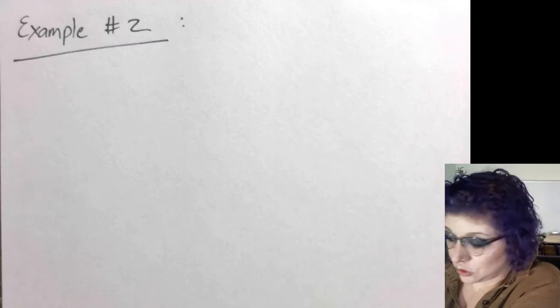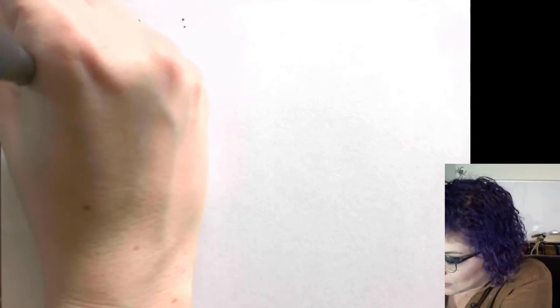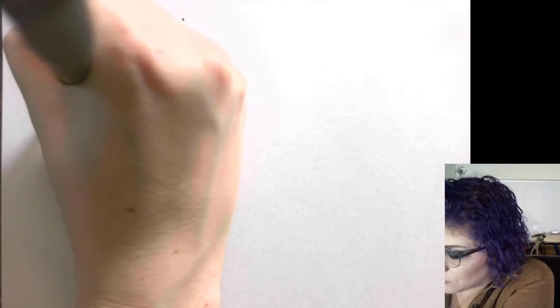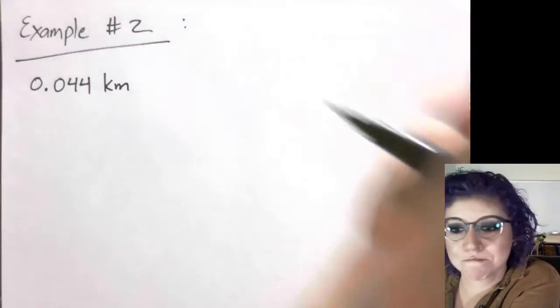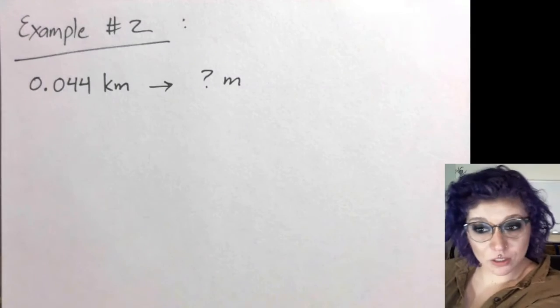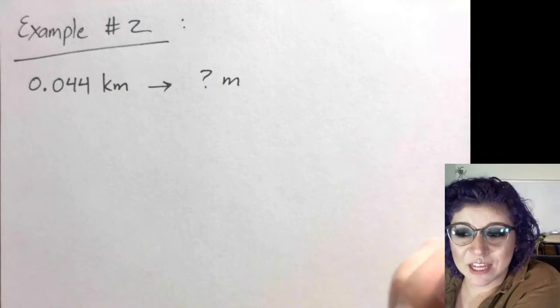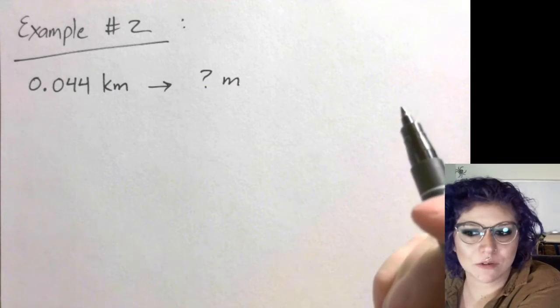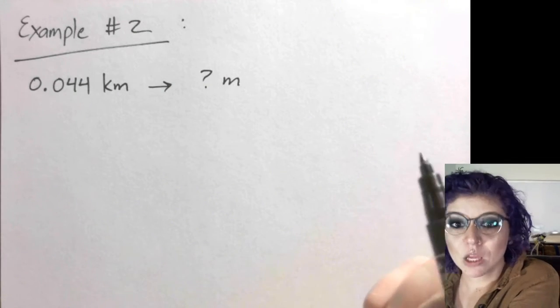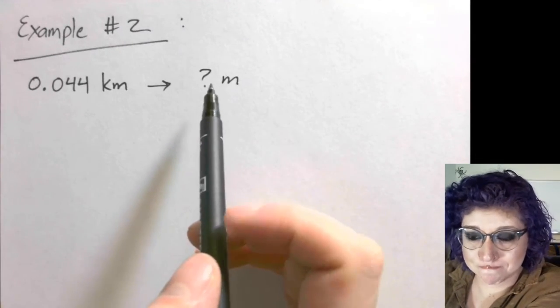So example number 2. Let's say that my dog ran 0.044 kilometers. And I want to know how many meters that is. So first off, I'm going to think, which conversion factor do I need for this? I need the one that relates kilometers to meters.